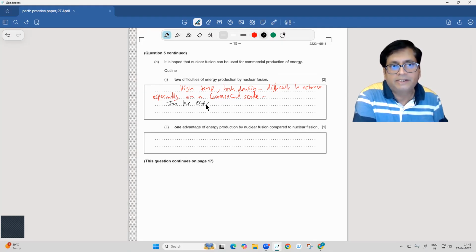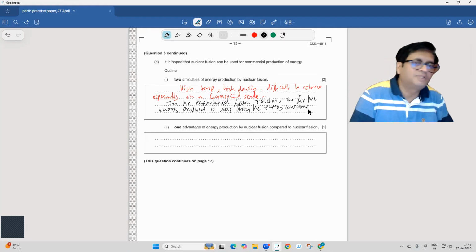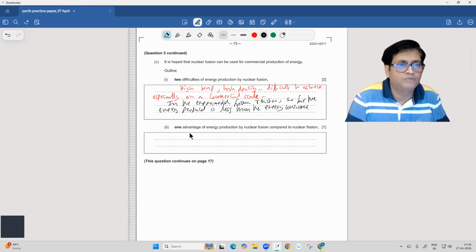In the experimental reactors so far, the energy produced is less than the energy consumed. But this is extra information; basically they want just these two difficulties.